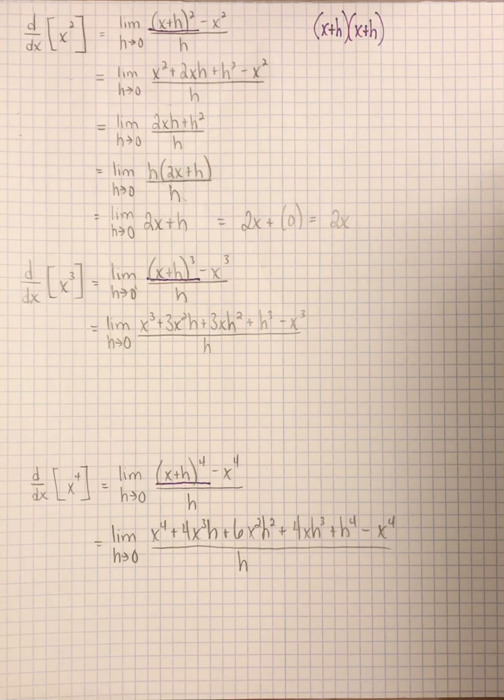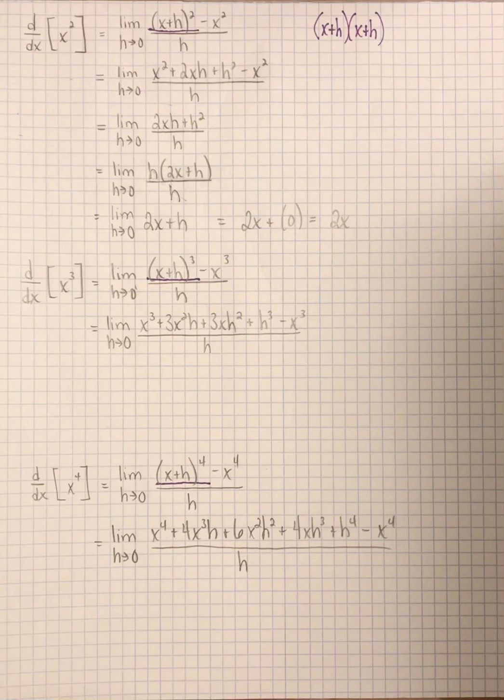But again, the key here is going to be in the expansion of the x plus h to the power. The rest of this is, as I mentioned, things that we've seen in previous dealings with the limit definition of the derivative, namely that all the terms without an h have disappeared from the numerator. Now, granted, we've dealt with polynomial functions almost exclusively so far, so this is not something we can expect to happen in every single function that we differentiate, but with polynomials, this is what happens every time.